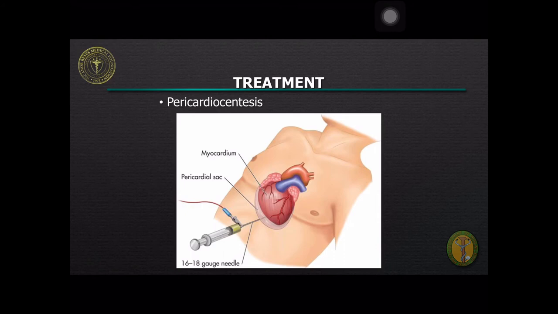Intrapericardial pressure, if possible, should be measured before fluid is withdrawn, and pericardial fluid should be drained as completely as possible. A small multi-hole catheter may be advanced over the needle and inserted into the pericardial cavity, and left in place if fluid reaccumulates.